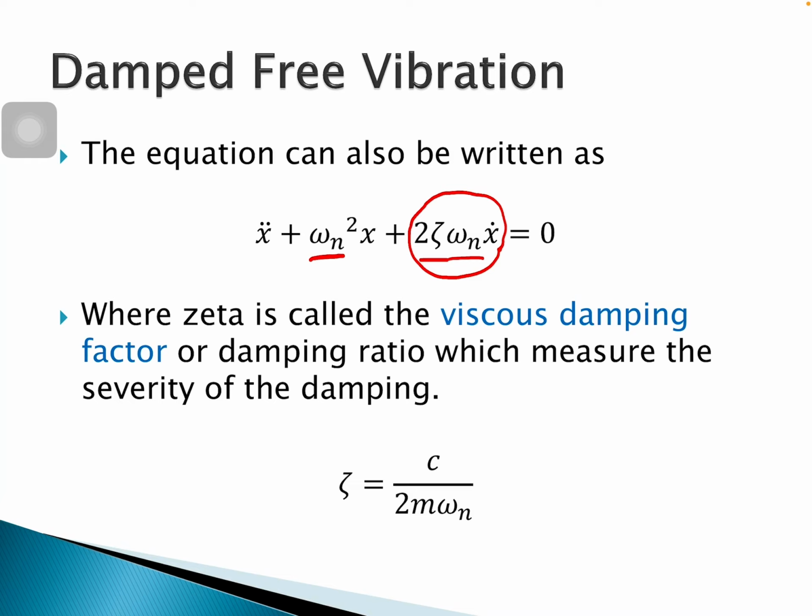And we have a new parameter, which is zeta. Zeta is an important parameter in this case. It is called the viscous damping factor, or damping ratio, and it measures the severity of the damping.